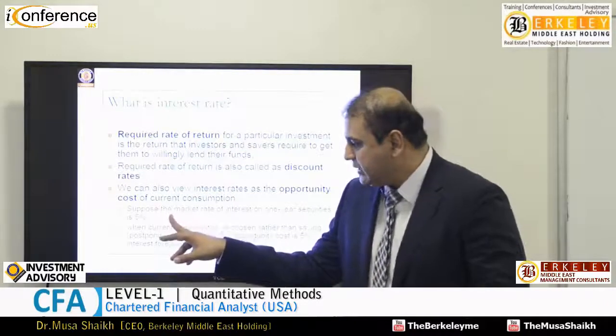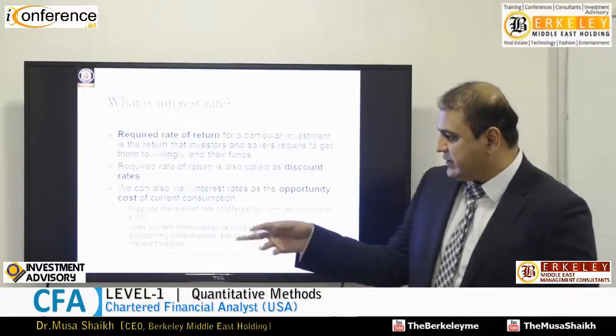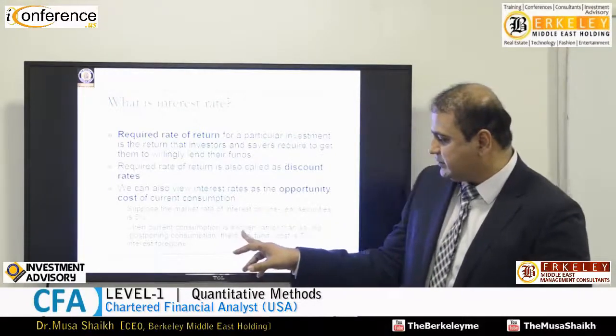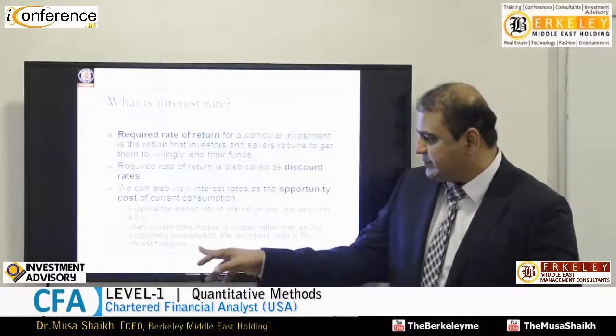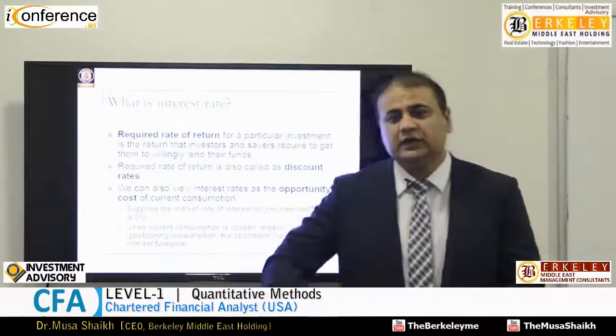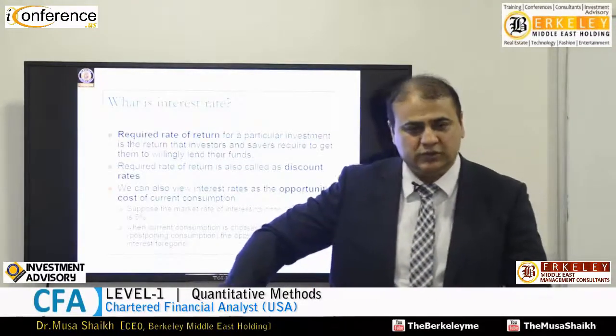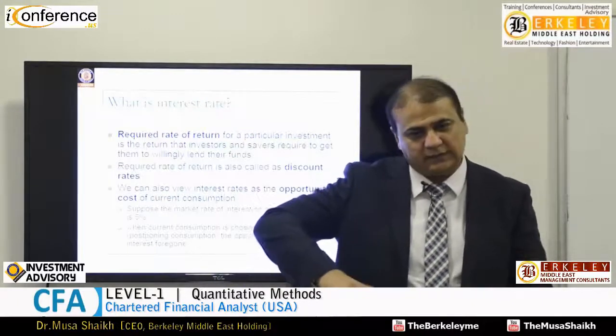He gives some example, like suppose the market rate of interest on a 1 year security is 5%. When current consumption is chosen rather than saving, the opportunity cost is 5% interest foregone. For example, you were doing a job, you resign your job, and now for 6 months you will study CFA level 1.